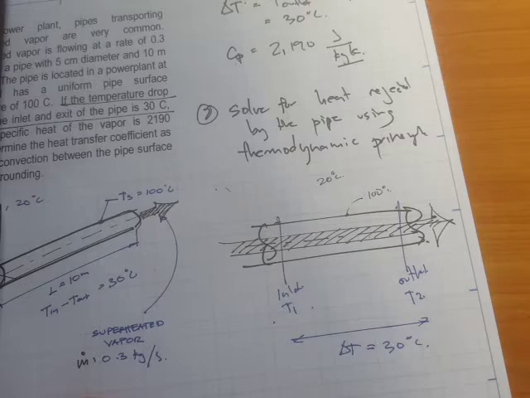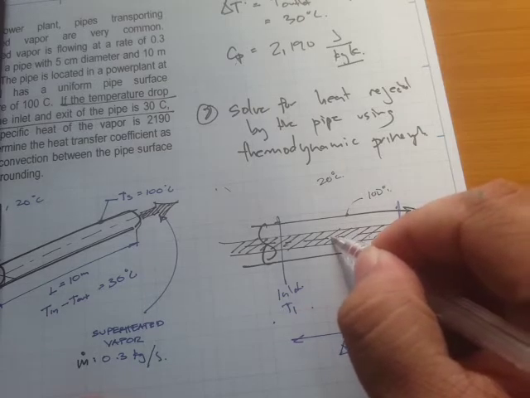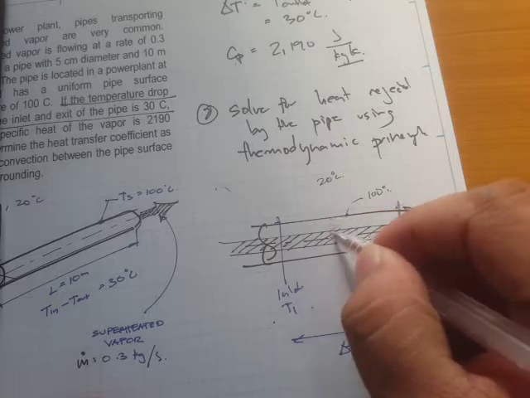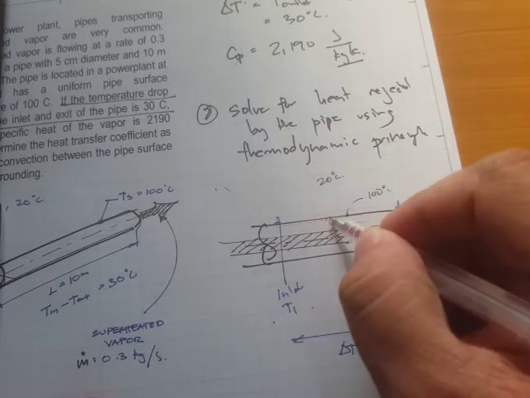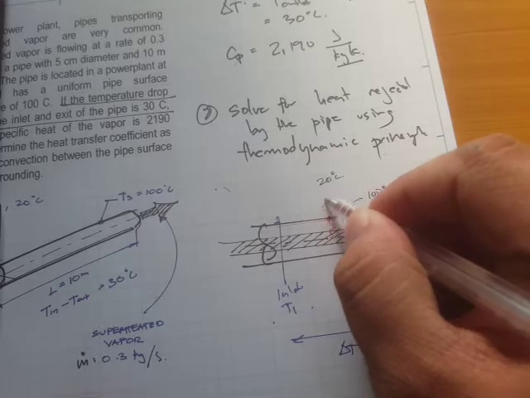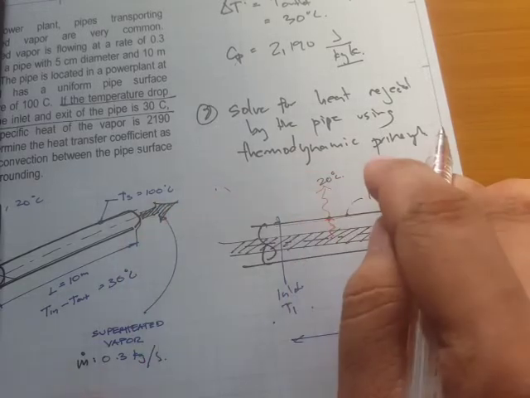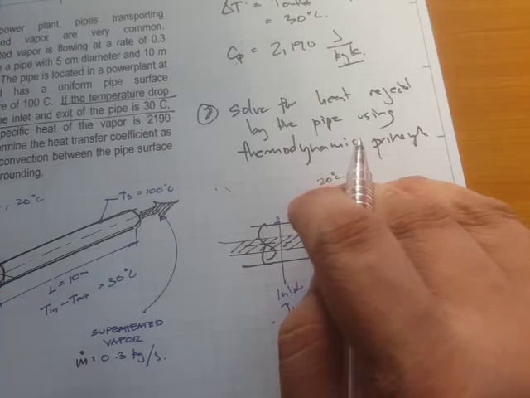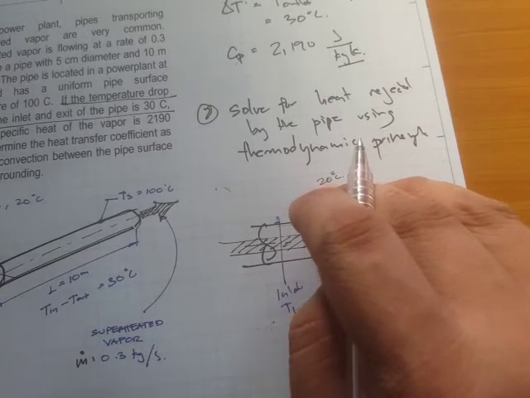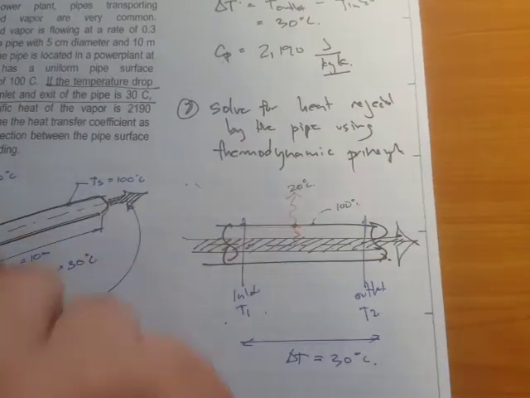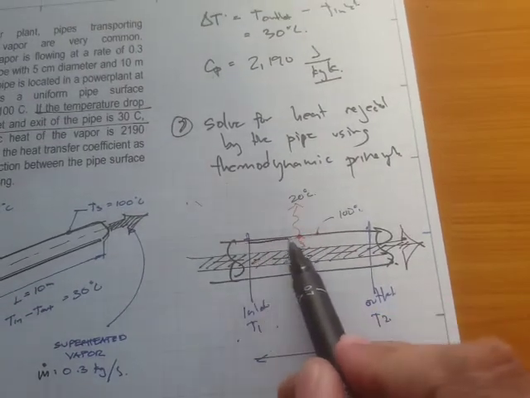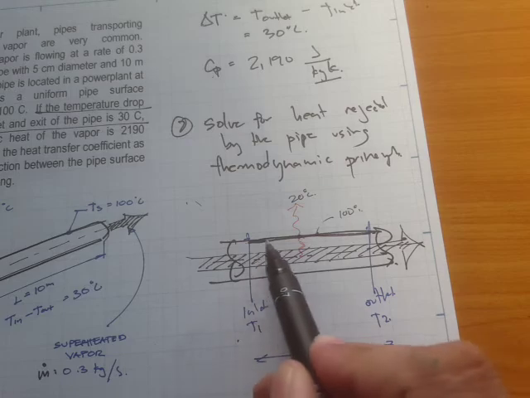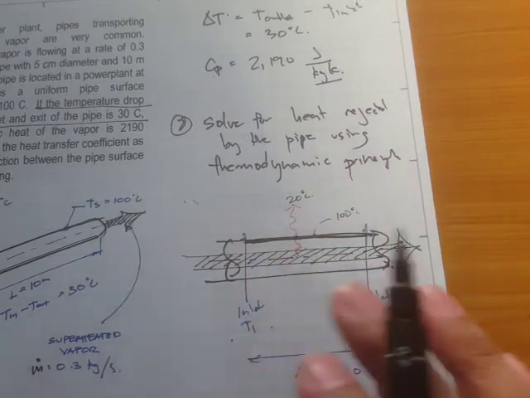So the heat flow is going to be from the fluid to the surface of the pipe, and of course from the surface of the pipe to the ambient temperature. There's going to be heat loss. We are not going to consider the conduction along the pipe walls. For now, let's just neglect that.